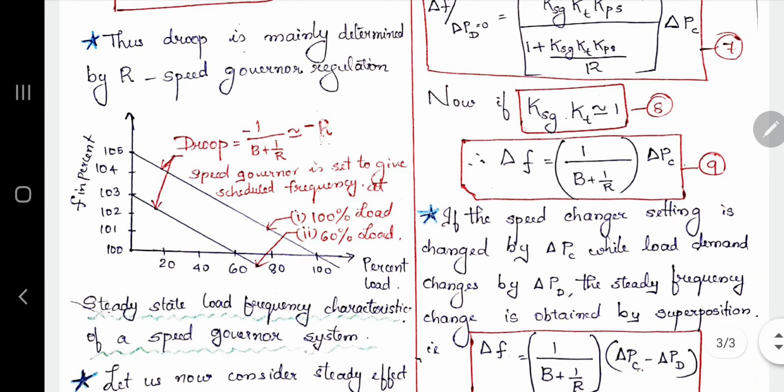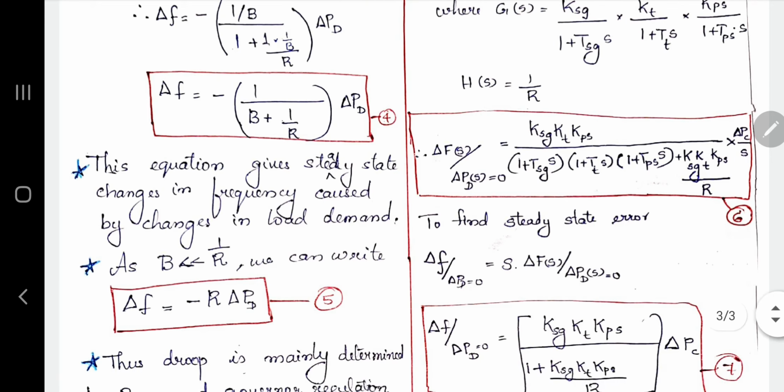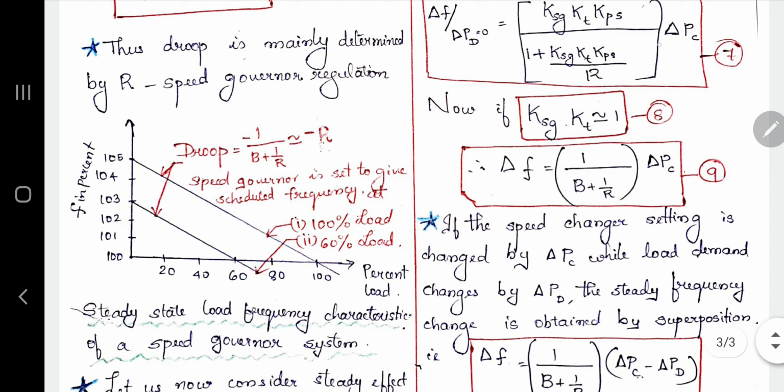Now again, if KSG into KT is approximately equal to 1, then you will obtain delta F like this. So this equation 9 and equation 4 are almost the same. The only difference is that in one you obtain a minus sign and in the other a plus sign. The fourth equation is due to the change in the load, whereas here it is due to the change in the commanded power.